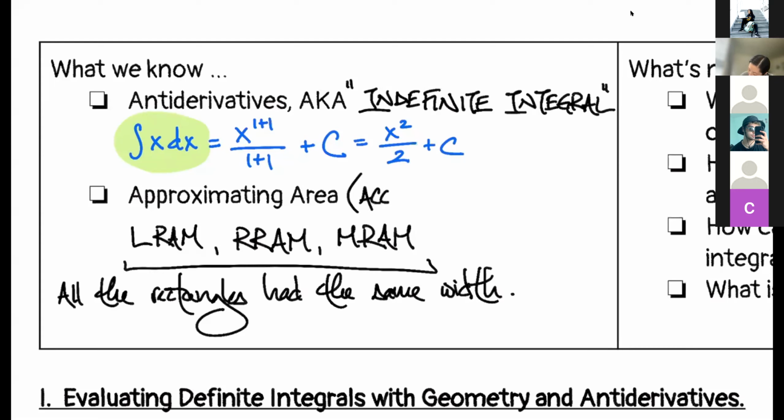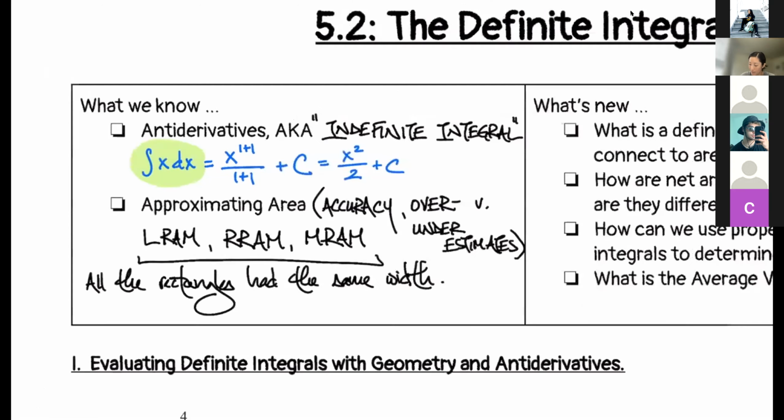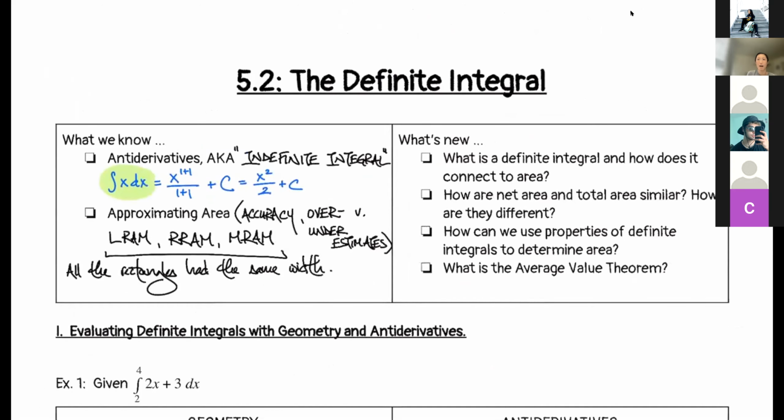Consider how accuracy comes into play for your answer, and also the idea of over versus under estimates. Okay. And so that's what we covered last week. All right, we stopped talking about slope and we started talking about the area underneath the curve.